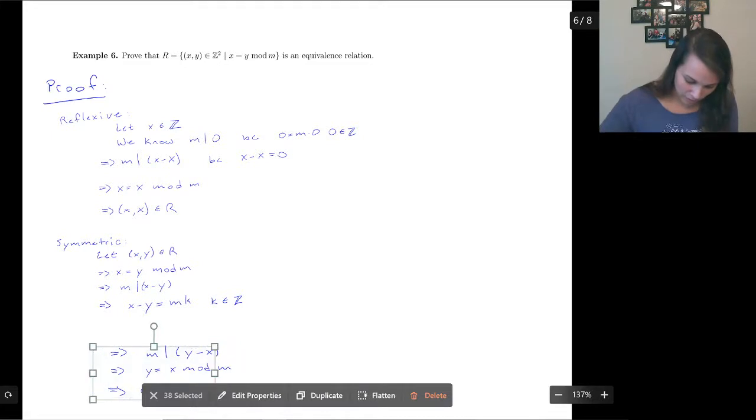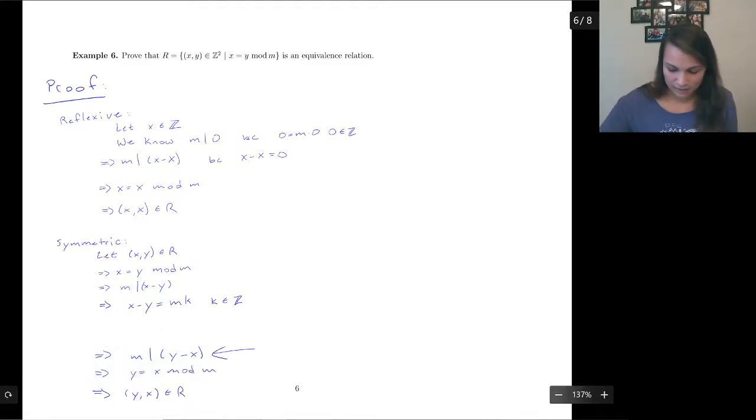Okay. So in order to have it divides this, that means I need to be able to write y minus x equals basically some k bar. So to make that meet up here in the middle, that would be like saying, let's multiply both sides by -1, right?